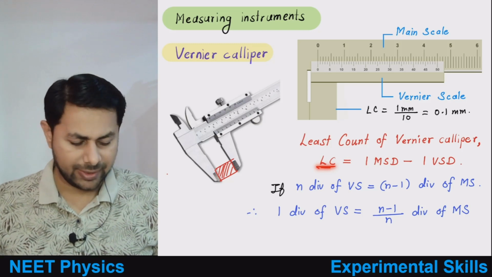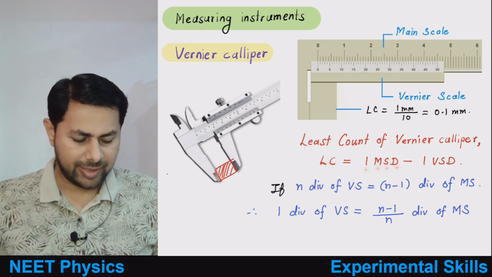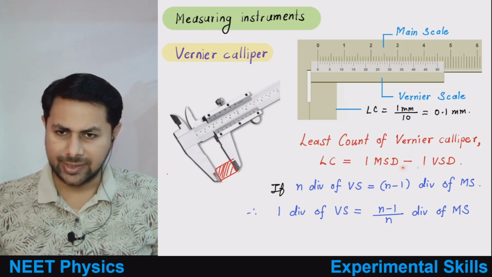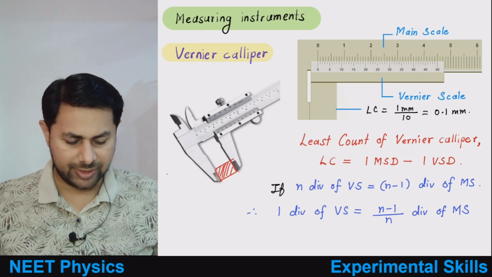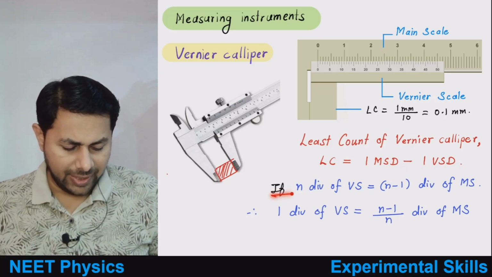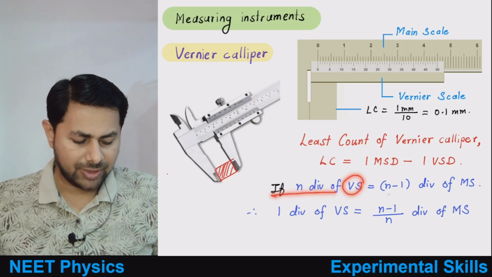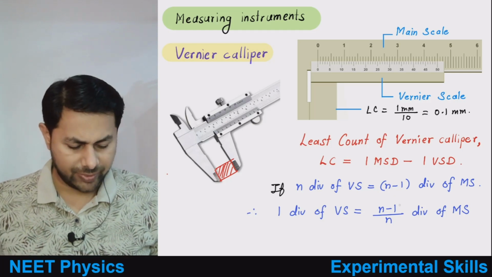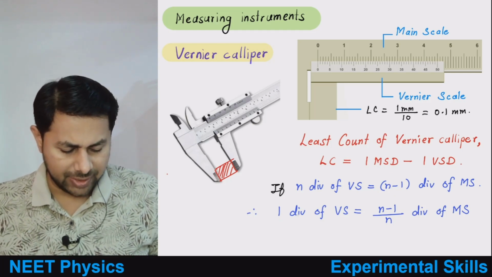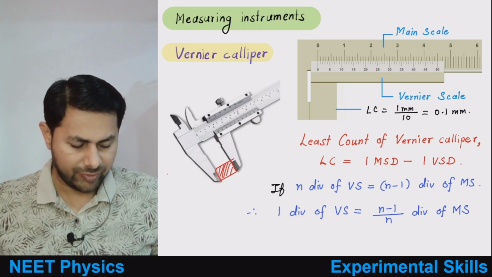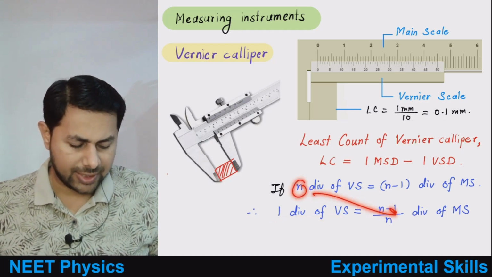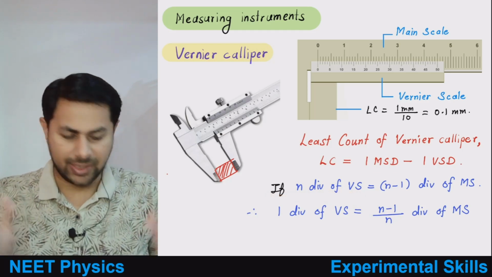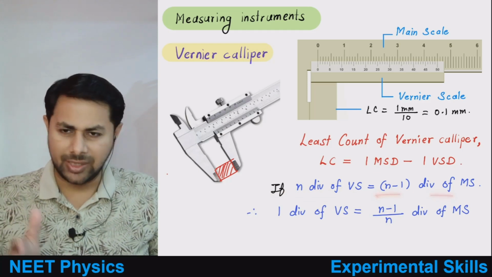Least count is defined as one main scale division (MSD is main scale division) minus one Vernier scale division. Now if n divisions of the Vernier scale match with n minus 1 divisions of the main scale, then the distance of n divisions of the Vernier scale is equal to the distance of n minus 1 divisions of the main scale.